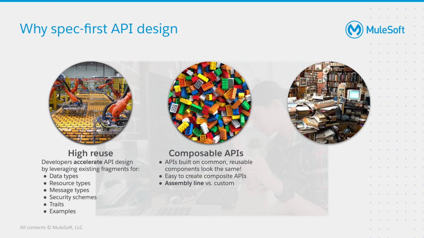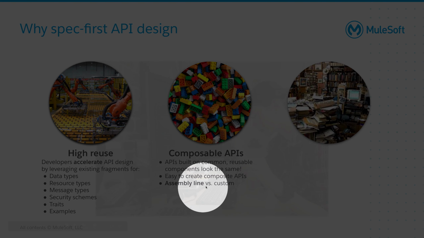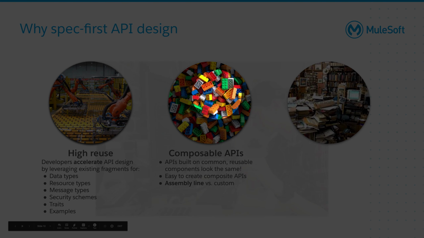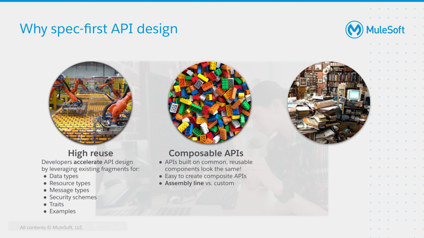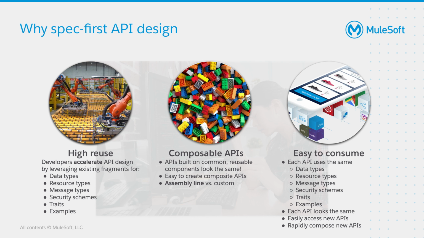Now, on the consumer side, they're also able to compose new APIs that orchestrate other APIs much more quickly because the foundational APIs, if you will, are built on common components. And that makes it easier to consume. And now we're talking more about an assembly line type of approach, just like Legos, where I can put any of them together and they all fit, versus an ad hoc type of approach. And that makes it easy for the consumers.